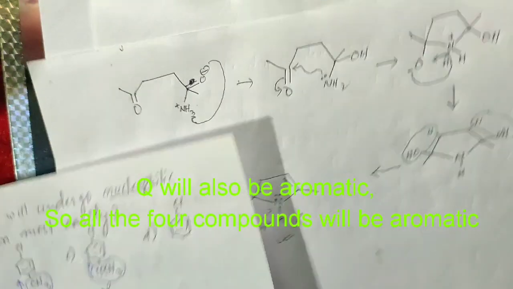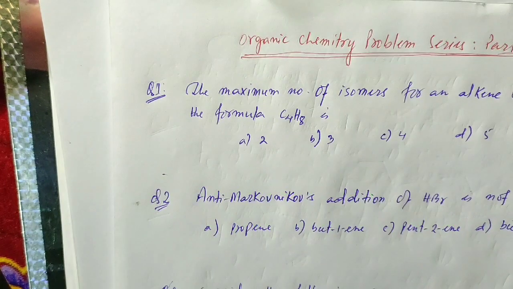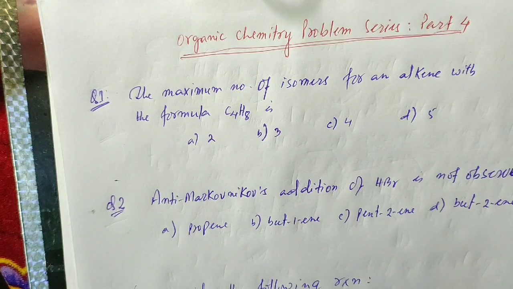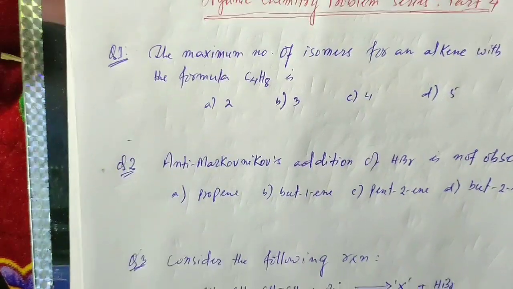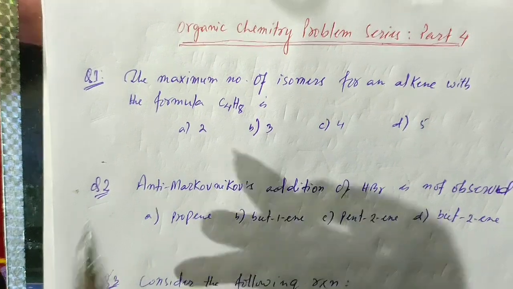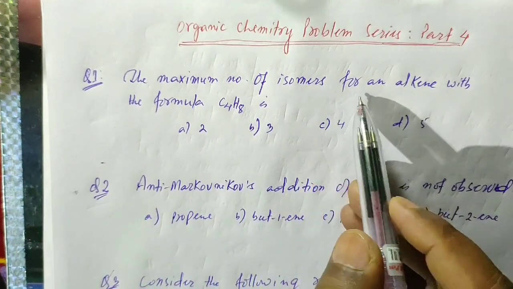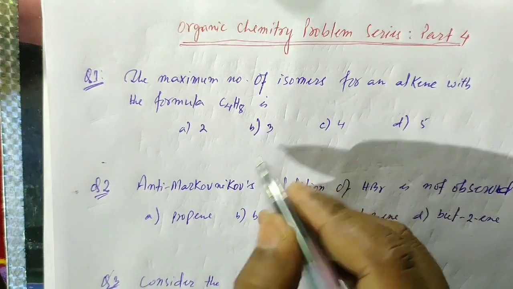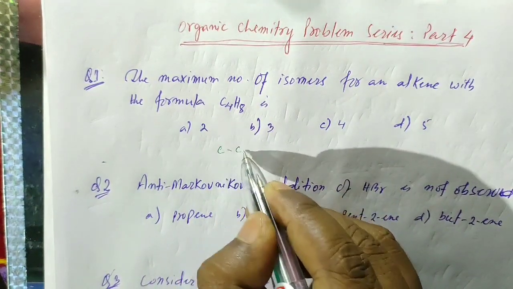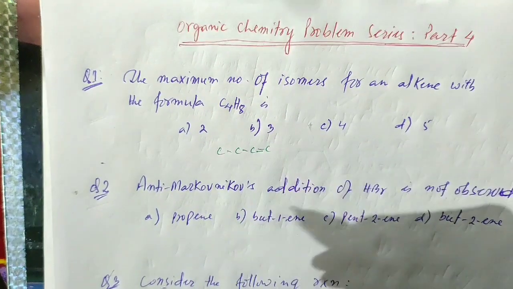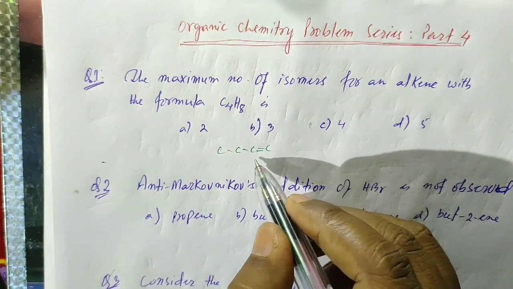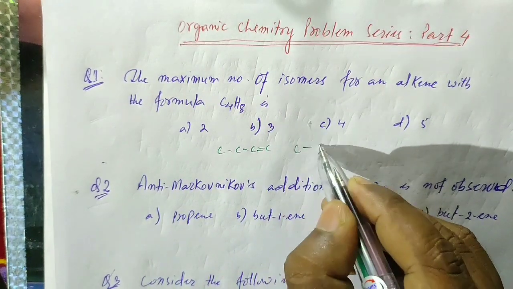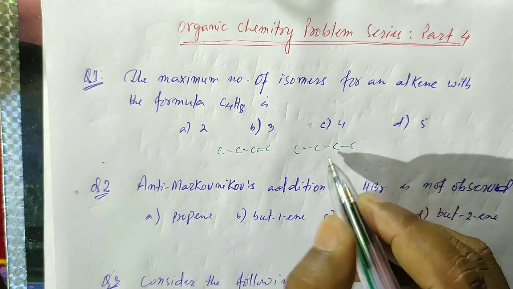Okay, now let us go to the questions for today's lecture. Question number 1: the maximum number of isomers for an alkene with the formula C4H8 is. Now C4H8, okay, one double bond can be here. This does not have any geometrical isomers, and another one is this one.